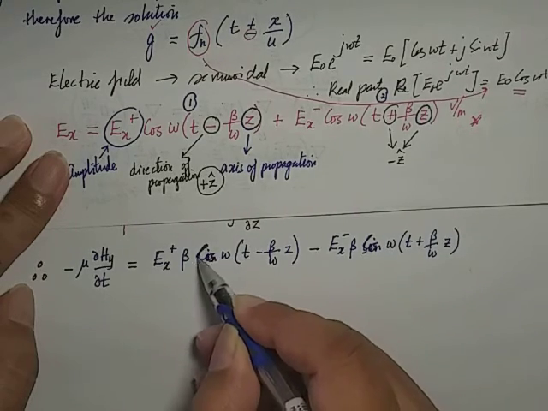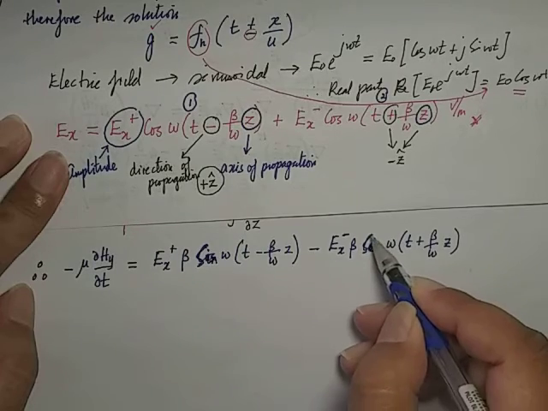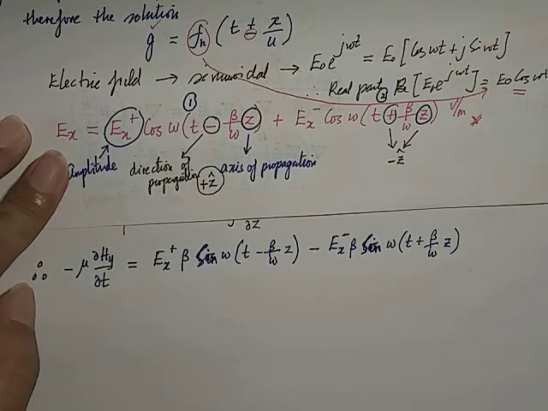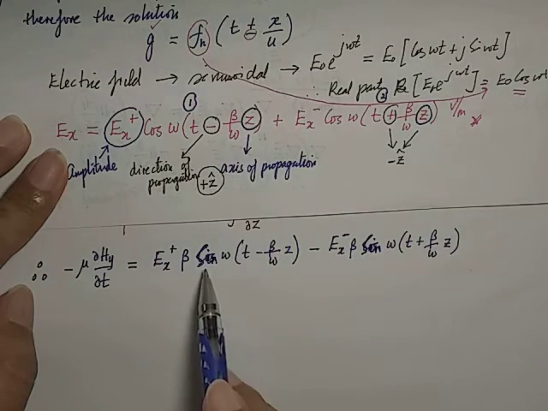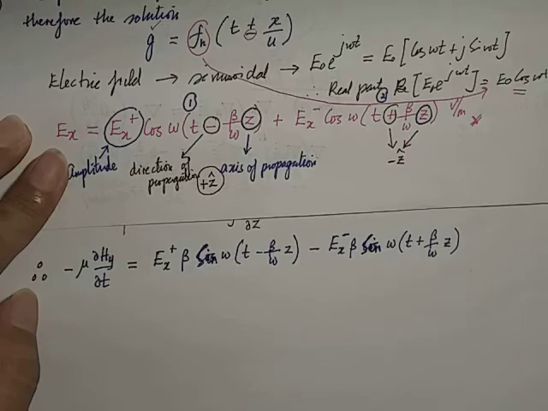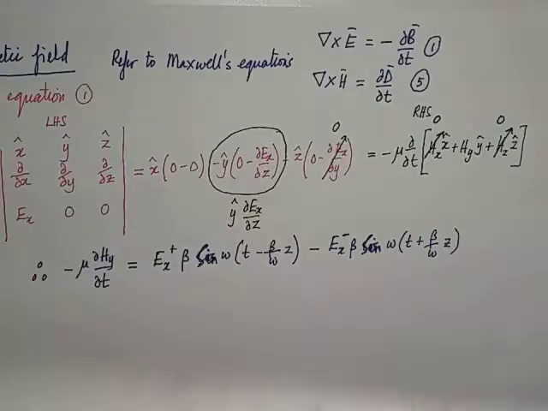Okay, so this should be sine, sorry about that. Because we differentiate cos with respect to z, we're going to get sine. Okay, that's done. Let's continue now.